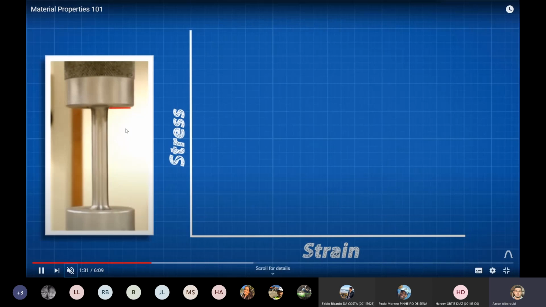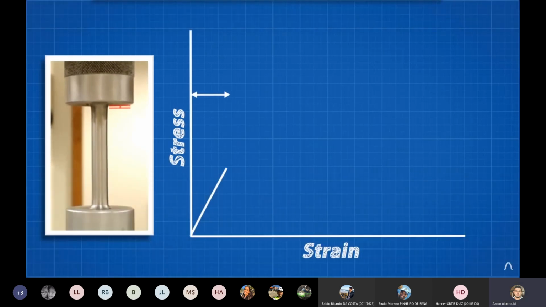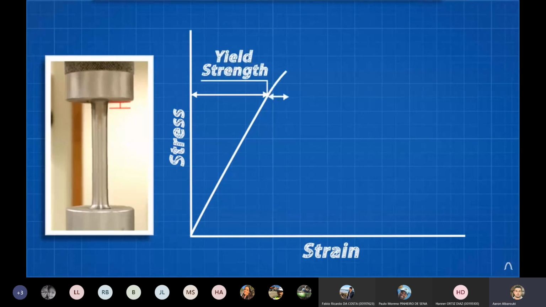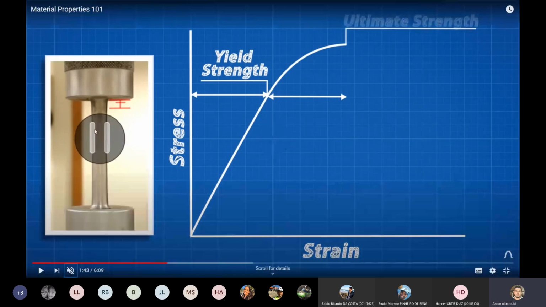That's obviously exaggerated. Okay, real life is not that much. That's our yielding point. And that's our maximum ultimate strength. After this point, what happens? The steel will start doing that necking.